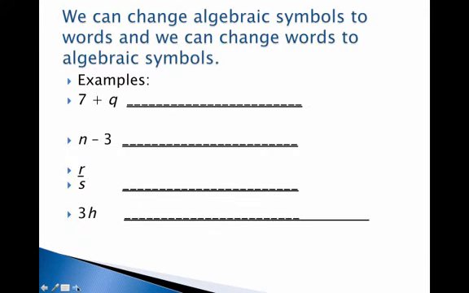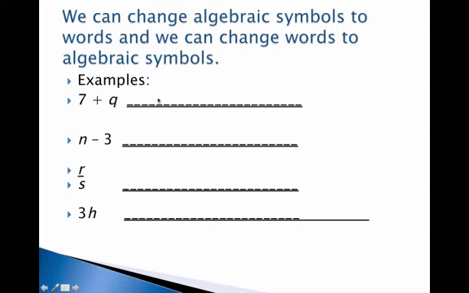Okay, so I told you we were going to talk about changing things between words and symbols, and so here are a few examples. And write down these examples, please, and write down the words that fill it in. So in this first one, you see there's a 7 and a plus sign and a Q. Well, one way of saying that might be 7 more than Q. In fact, with addition, it really doesn't matter which way you said that.